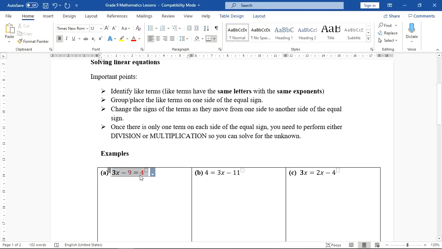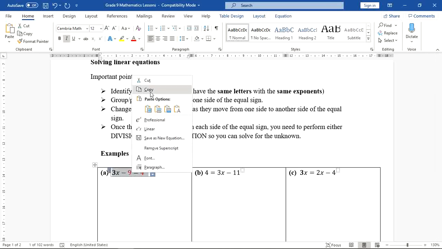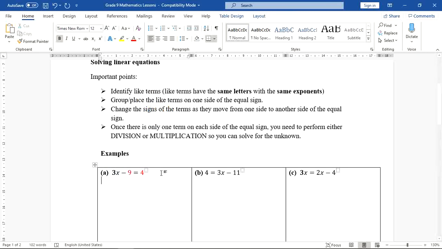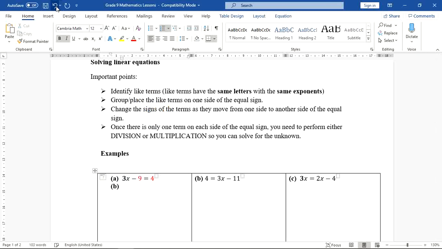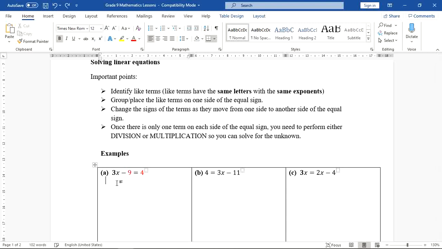Let's quickly do that and see what will happen. We copy and paste. Now we're going to say plus 9, and this one will disappear. So now we have 3x is equal to 4 plus 9, and 4 plus 9 will give us 13.